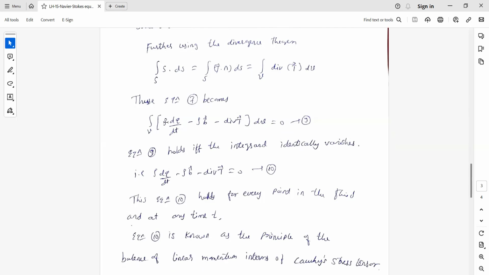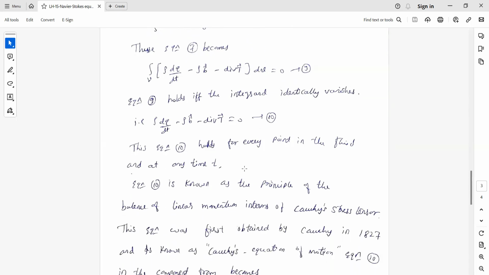Since the volume is taken arbitrarily, the integrand vanishes, so we get rho dq/dt minus rho b minus divergence of T equals 0. This holds for every point in the fluid at any time.